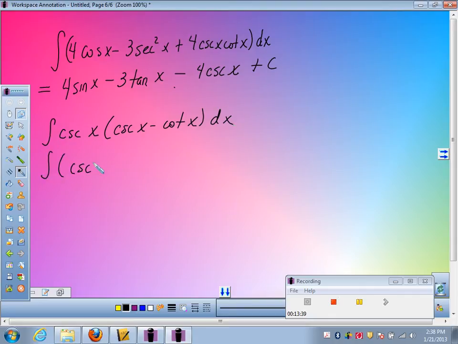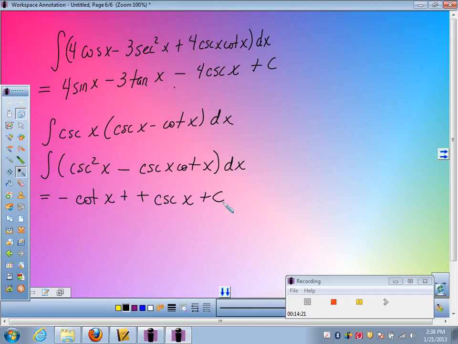It would be cosecant squared x, which is a derivative we know, minus cosecant x cotangent x, also something we are well familiar with. And so now, since they're derivatives we know, what do you get when you do a cosecant squared? The derivative of what was cosecant squared? It would be a cotangent, and therefore it's a co, so it gets a negative. Derivative of a cosecant is a cotangent, so in the end this becomes a plus cosecant x plus c.